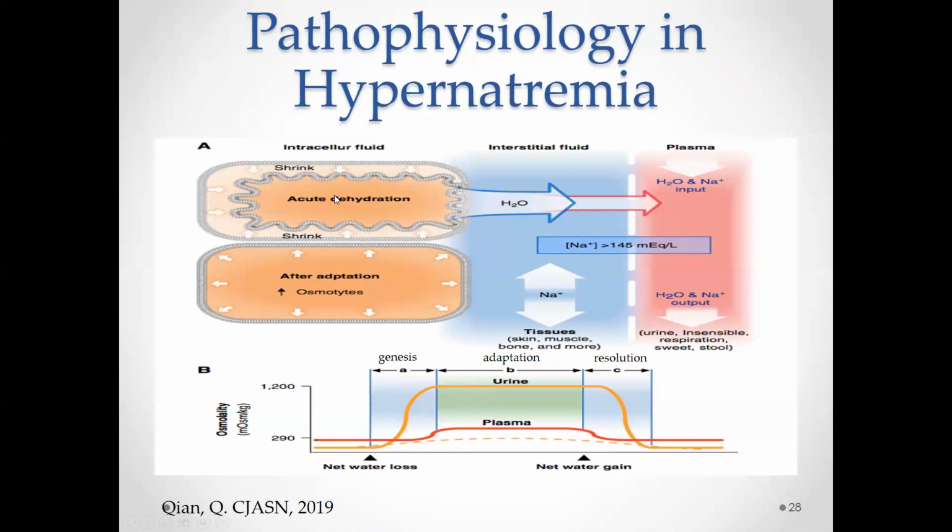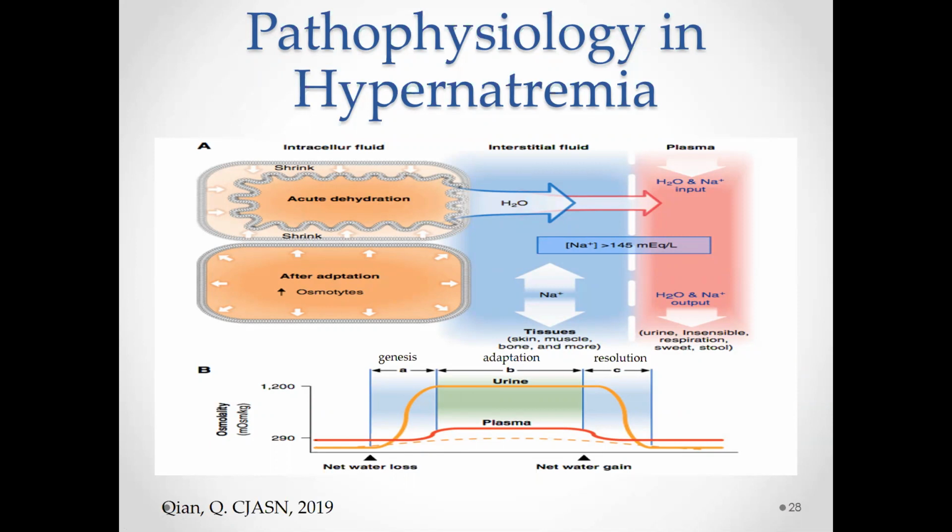Short term, in hours, it can open the channels for more sodium and potassium, or more potassium and chloride, to come into the cells to help with the osmotic gradients and help the cell absorb back some of this water.